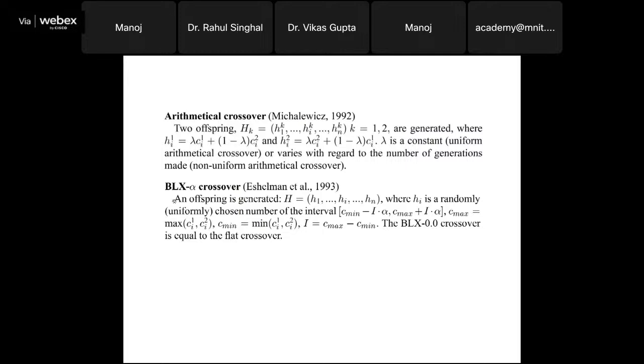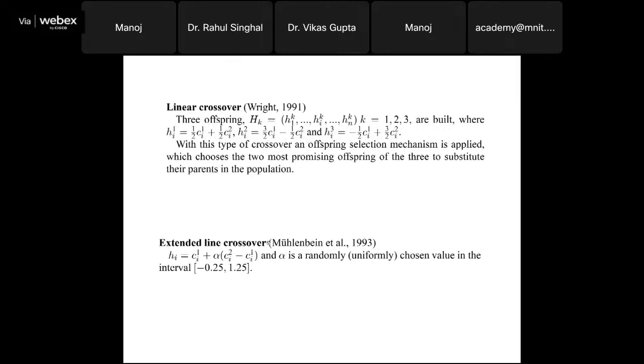So in a way, this blend alpha crossover was more exploratory in nature, which is a requirement for any algorithm, be it a classical algorithm or a heuristic algorithm, to explore the promising region of the feasible domain. A few more ideas came.